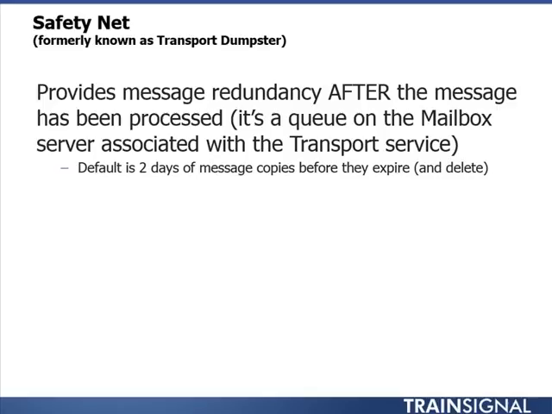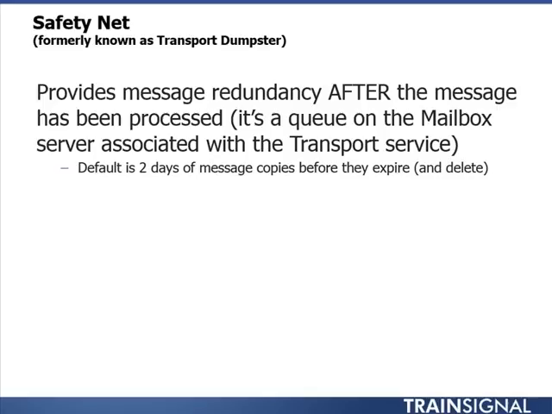But what if it already reaches the mailbox server and goes in the database? You might say, well, then it's done, we're good to go. But Safety Net is there to assist with messages after they've been processed. So there's that little bit of extra assistance when it comes to Safety Net. Now you might wonder why.